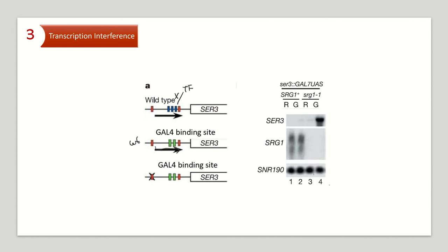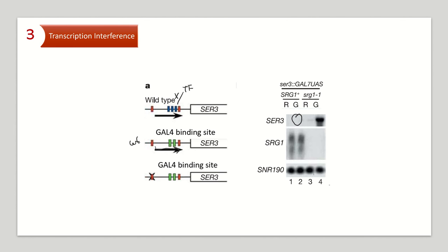When cells are placed in a galactose-rich media, where we would expect GAL4 to bind its sites and activate expression, the researchers saw that there is no SIR3 transcription detectable, thus SIR3 transcription is not galactose-inducible, indicating that GAL4 can't access its binding sites.